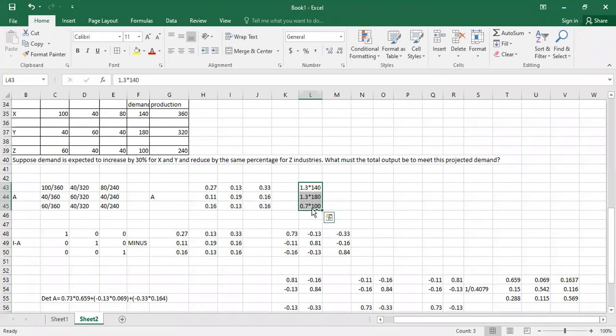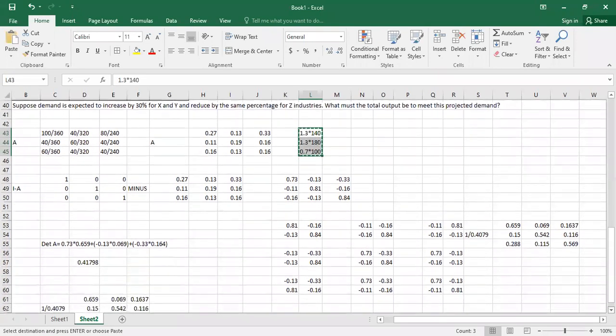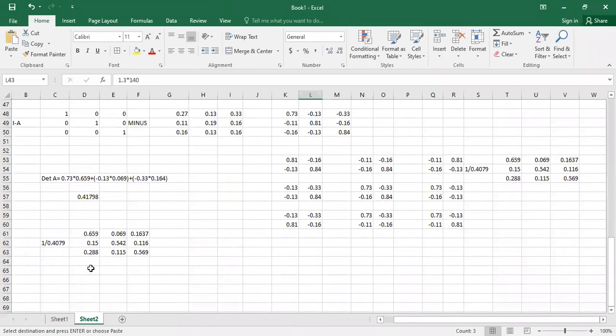Let me carry this down here. This is the new demand output. What do we get?